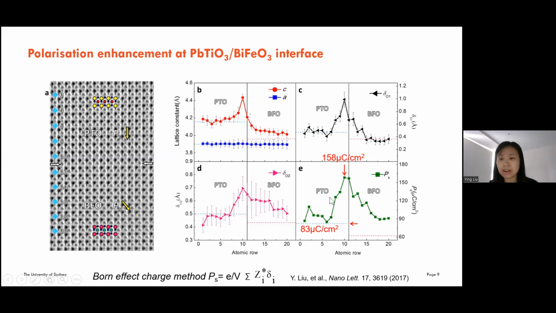And we did observe that there is a remarkable polarization enhancement at the interface, as we can see here. The polarization at the interface can be as high as twice that of the bulk value, more or less, a little bit less than twice that of the bulk value.